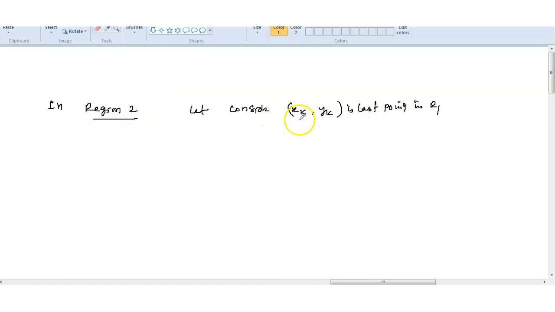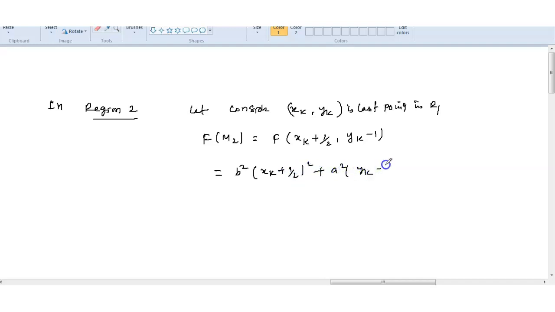So the last point in region R1 is xk and yk. The midpoint, f of m2, we will find, which is xk plus half and yk minus 1. So if you substitute this in the equation of ellipse, b²(xk + 1/2)² plus a²(yk − 1)² minus a²b².